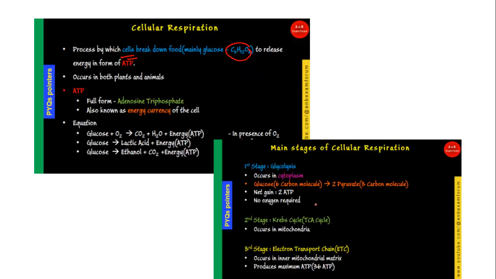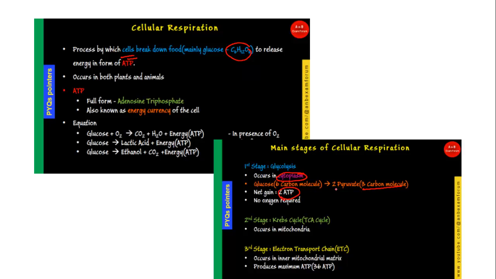The first stage is glycolysis, which occurs in the cytoplasm. Okay, here 6 carbon molecule, that is glucose. Glucose is C6H12O6. So it is a 6 carbon molecule. It is converted into 2 pyruvate, that is 3 carbon molecule. Okay, this is the intermediate product, and here energy is released, that is 2 ATP, since breakdown has happened.